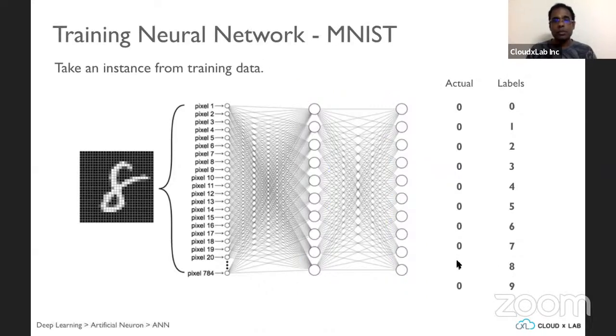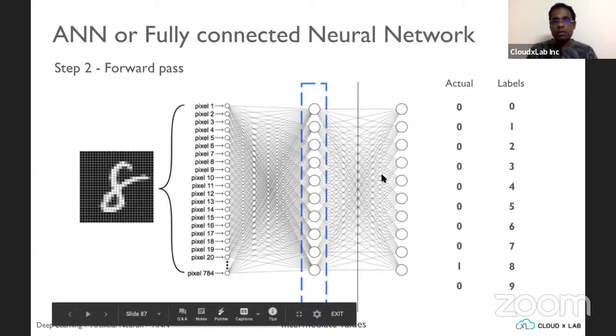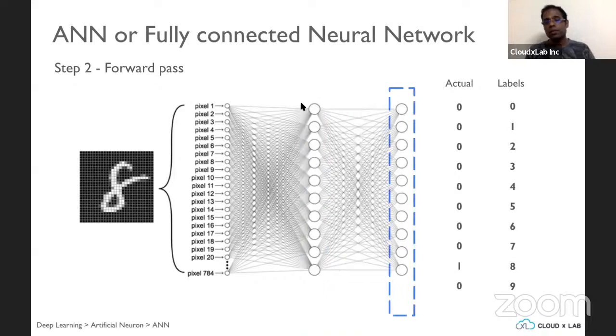Okay, and so now you take an instance from the training data, and you put it through this network. All the pixels are fed in, they get multiplied by certain numbers, and certain intermediate values are calculated. And then that goes through the next layer. This process of moving your input data across the neural network is what's called a forward pass.